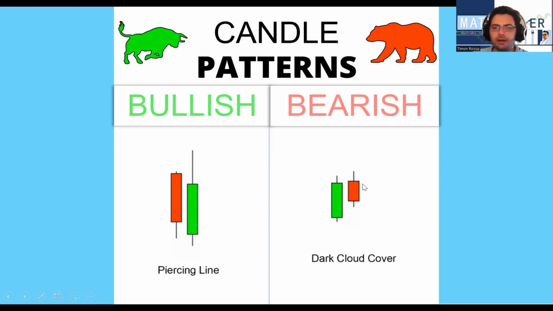Vice versa with the dark cloud cover, where the open price is lower than the closing price for the down candle, and the open price is lower than the open price for the down candle. So that's a dark cloud cover. Not very cool, quite a boring candlestick formation. I wouldn't do anything with it, to be honest.